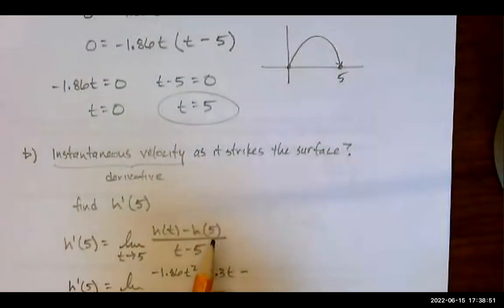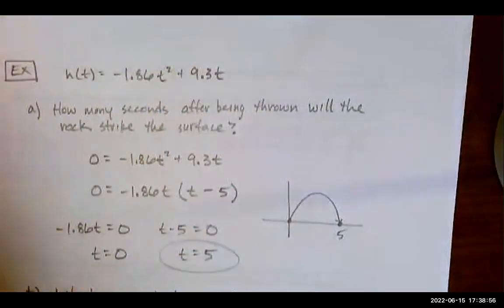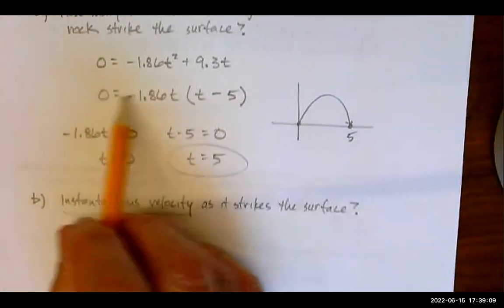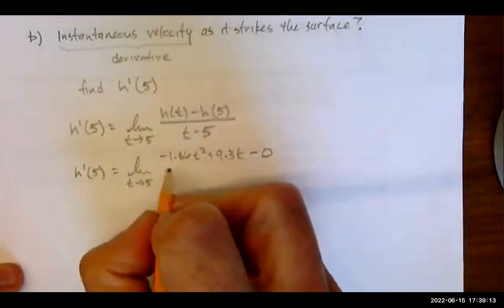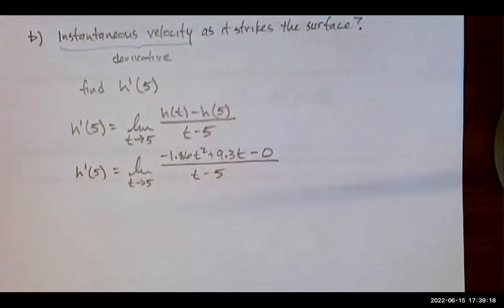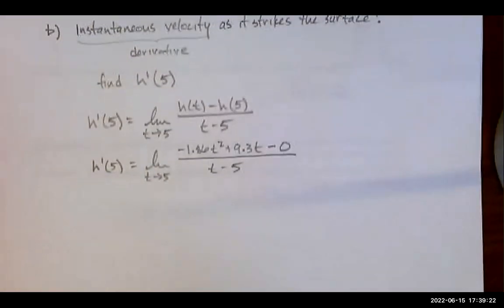Well, we actually already know this, but let's just go back and plug 5 in. What is h of 5? Negative 1.86 times 5 squared plus 9.3 times 5. Oh my goodness, what is it? Well, it's 0, of course, because that was the answer for the height. We knew the height was 0 at 5 seconds.